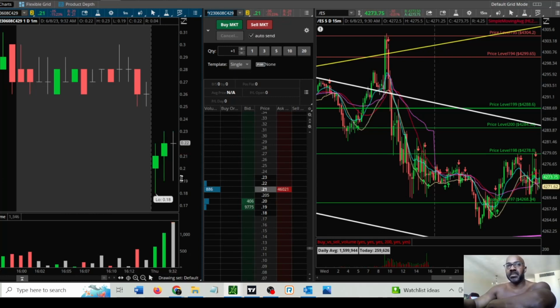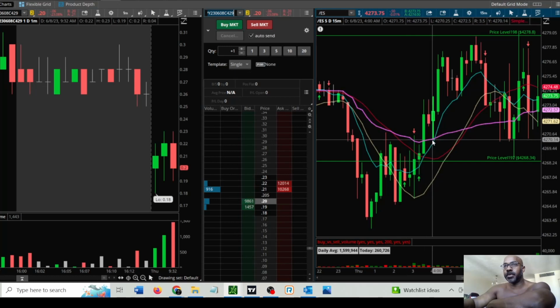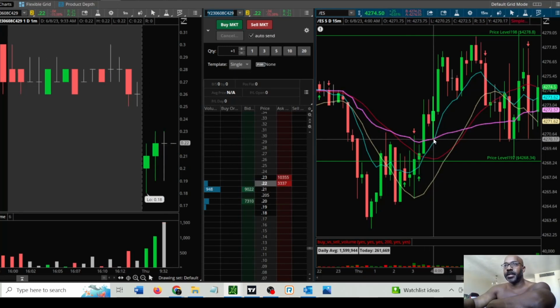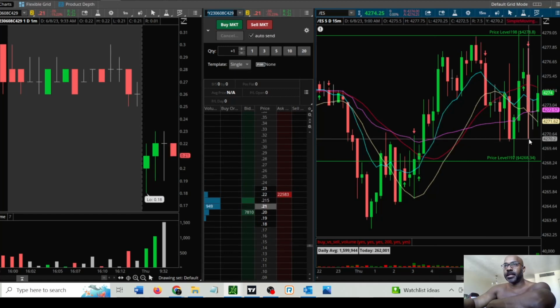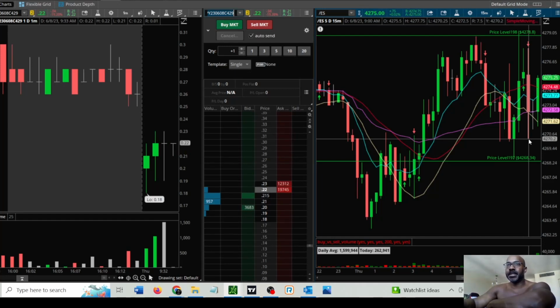But again, I would rather trade it if we were closer to a trend. Although on a supply and demand form, we did create a demand right above 4268 here, and that was retested at 9 o'clock. So that might prompt me to go long, but I don't know.